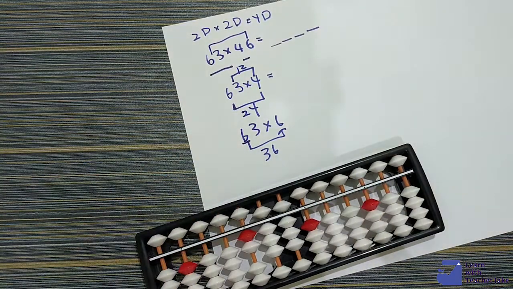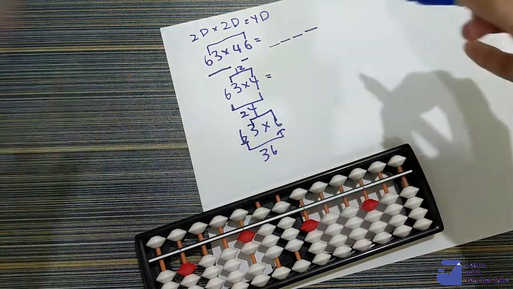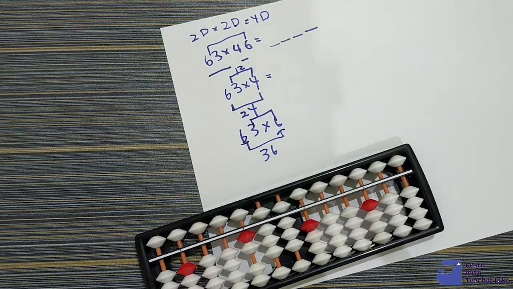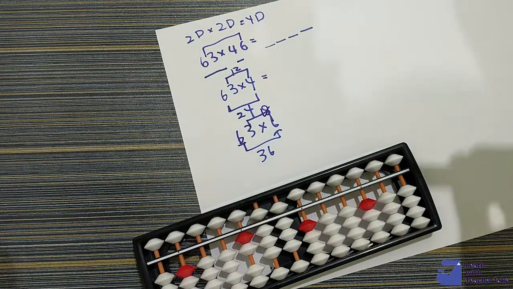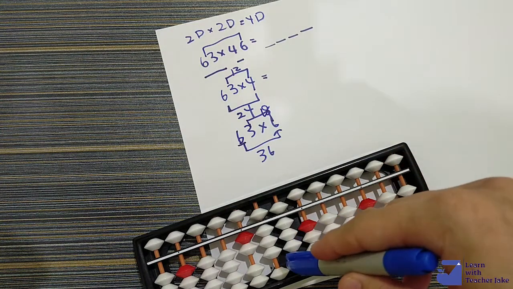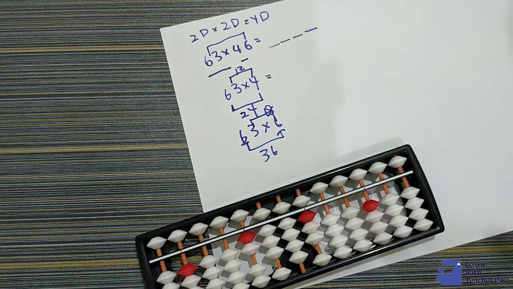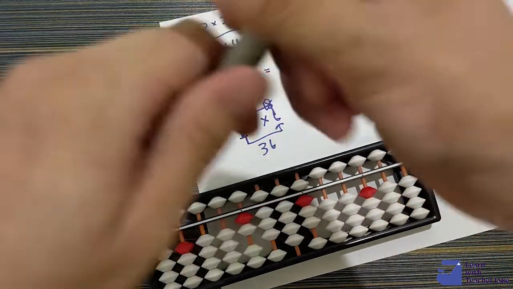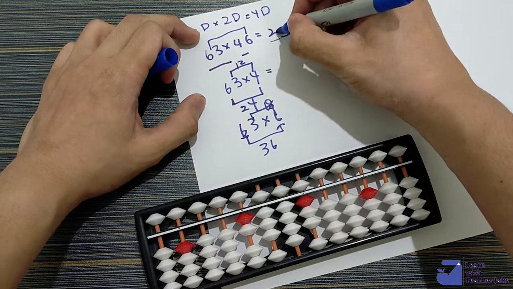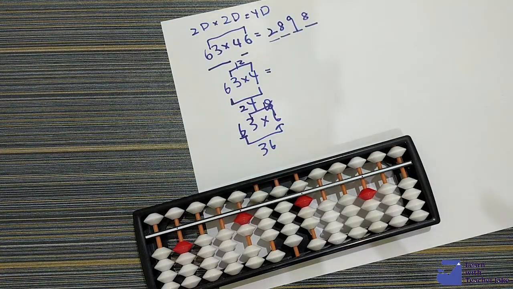For the second digit, the multiples of 3 and 6, we know that the multiples of 3 and 6 is 18. Therefore, we are going to place 18 starting from the 10 column. As you can see, the multiples of 63 and 46 is 2898.